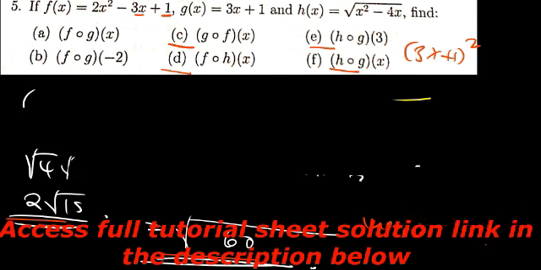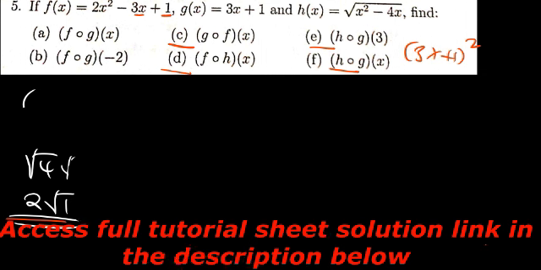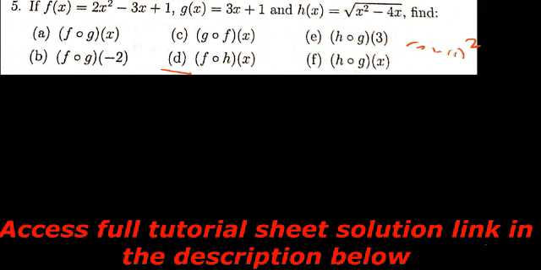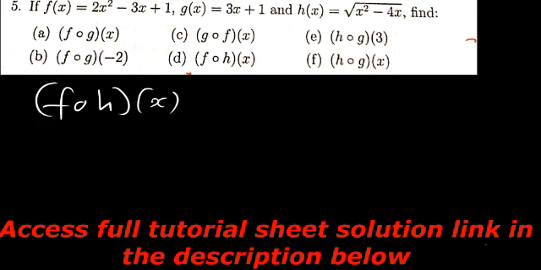But try now to pause the video and try to check the answer that I'm going to find for you. So let's do now D. f of h of x. In the function of f, where there is x we put h.